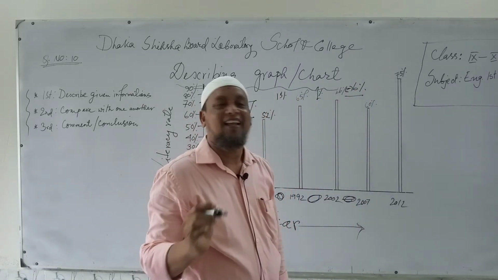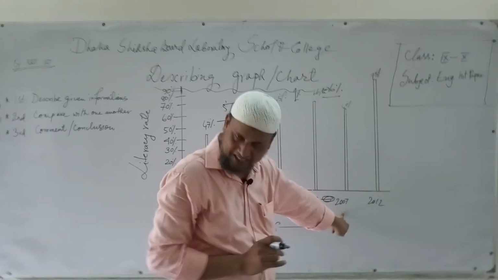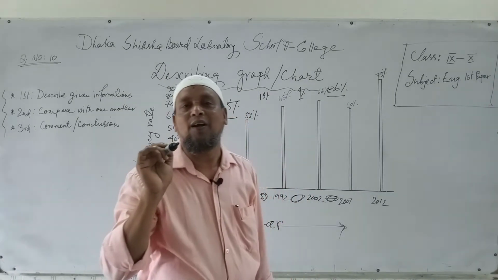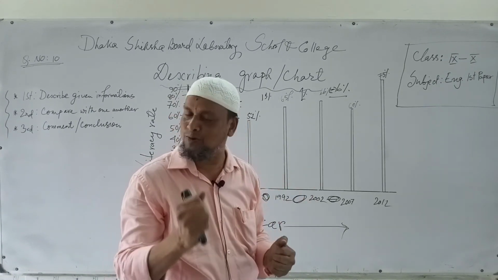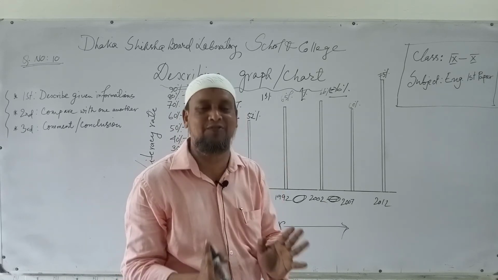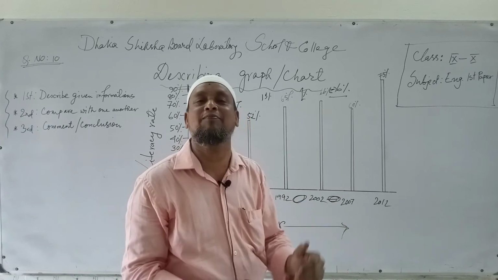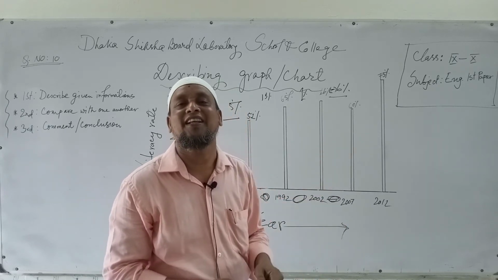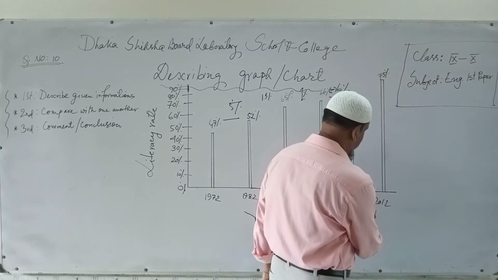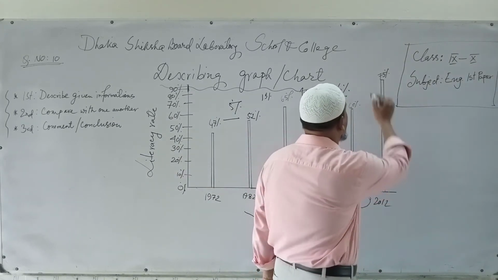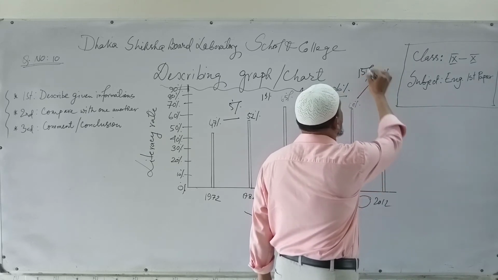But when it became 60% in 2007, the government of Bangladesh took a lot of initiatives for the development of literacy rate, and for that, only within 5 years it became 75%, that is, increased 15%.